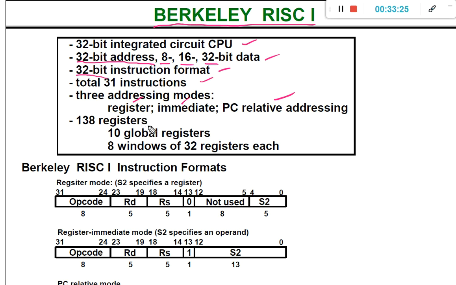It contains 138 registers in total, among which there are 10 global registers and 8 windows. Each window will contain 32 registers, so 32 into 8.